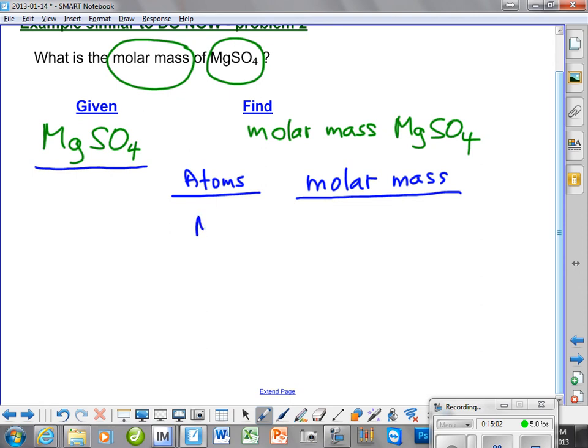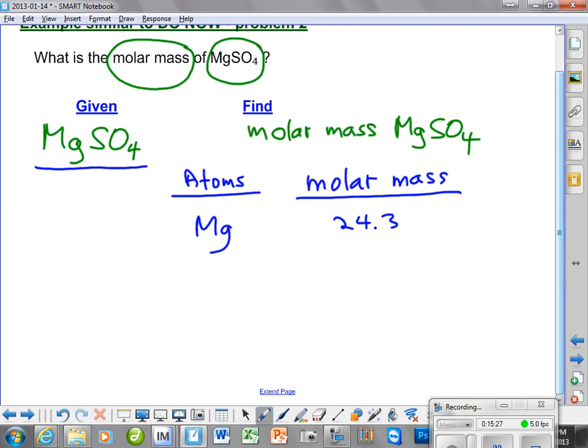Magnesium, okay. And just to double check here, I'm going to call on you through the cards. Floor, what is our molar mass for magnesium? See, if we do it this way, it's pretty easy, isn't it? Because we're just doing the atoms. It's 24.3. Okay, so it's just one magnesium.